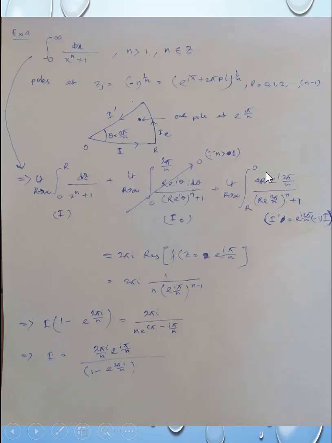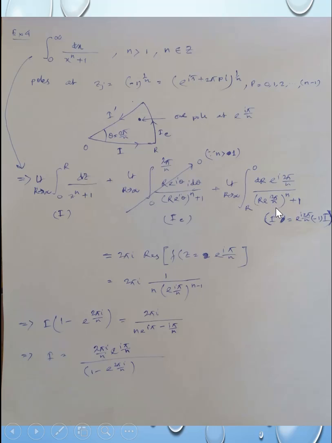Here you see only the extra factor exponential I 2 pi by n. If you simplify this, you will find exponential I 2 pi, and exponential I 2 pi is 1. If you break it into cos theta and sin theta, you get 1.